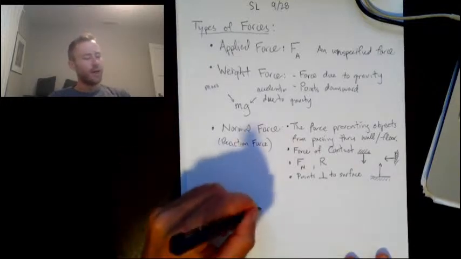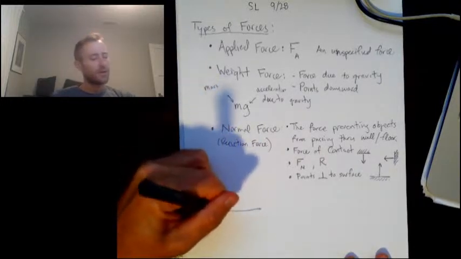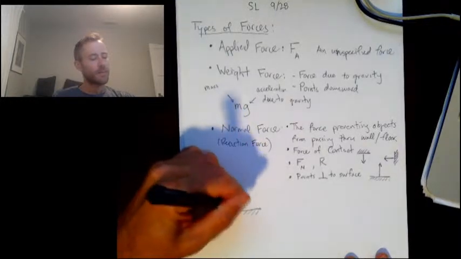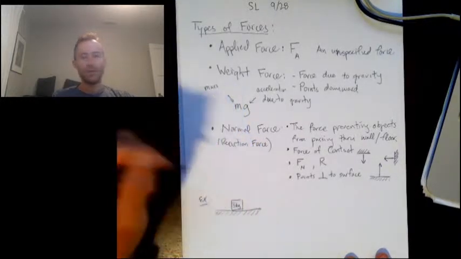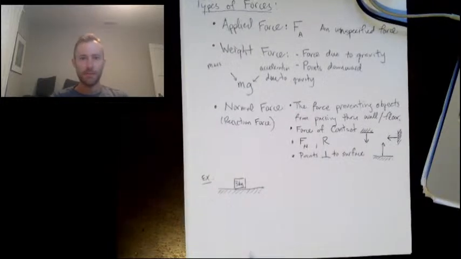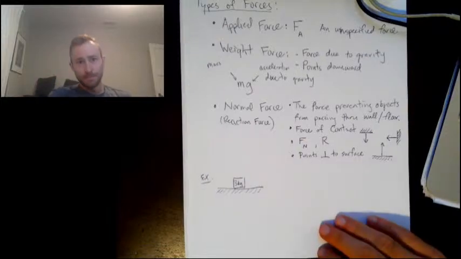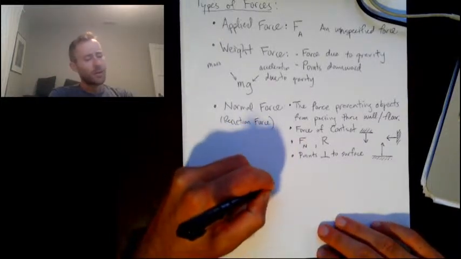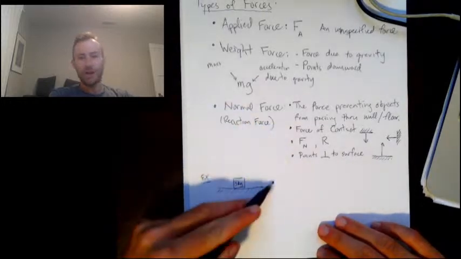So what if we had a 3 kilogram box that is sitting on a flat surface? What is going to be the normal force in that case? Well, I'm going to represent the box as a dot.